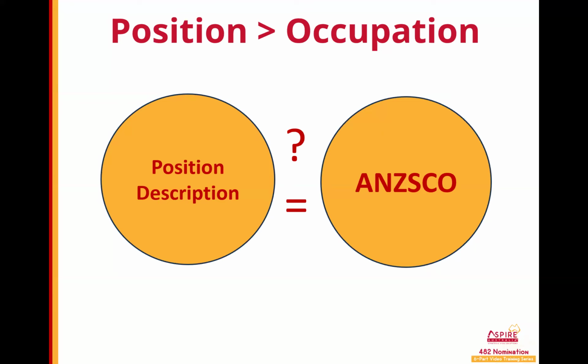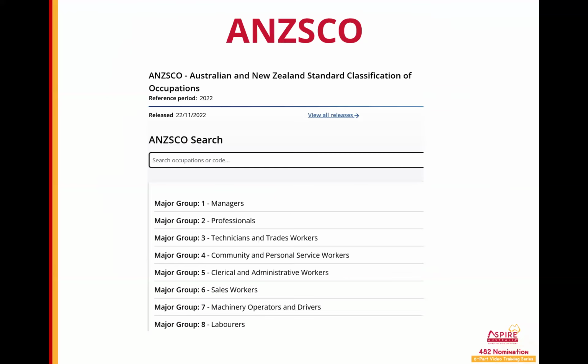So you can look at it online and search for occupations which fall under major groups. So you can either use the search bar to search a specific occupation or just peruse within the different groups, navigating down each level until you find an occupation that appears to match your position.